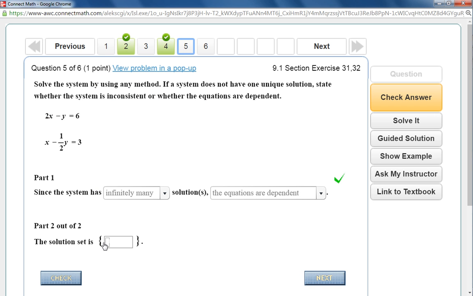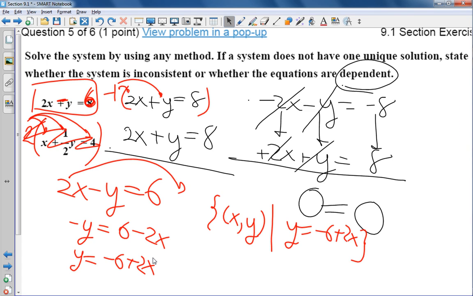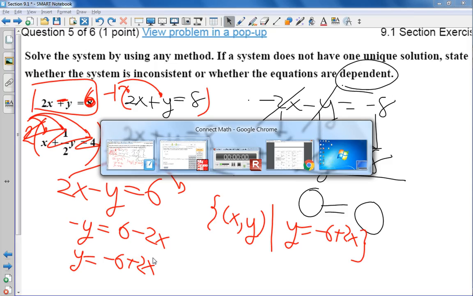You need to isolate y in either equation, top or bottom, and put it here. That's how you present it. All x, y pairs, but they are not random pairs. y should be equal to 2x minus 6, or minus 6 plus 2x.